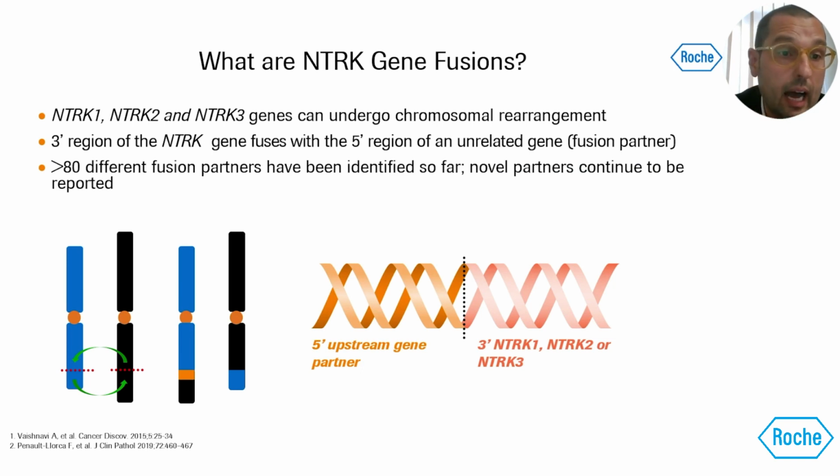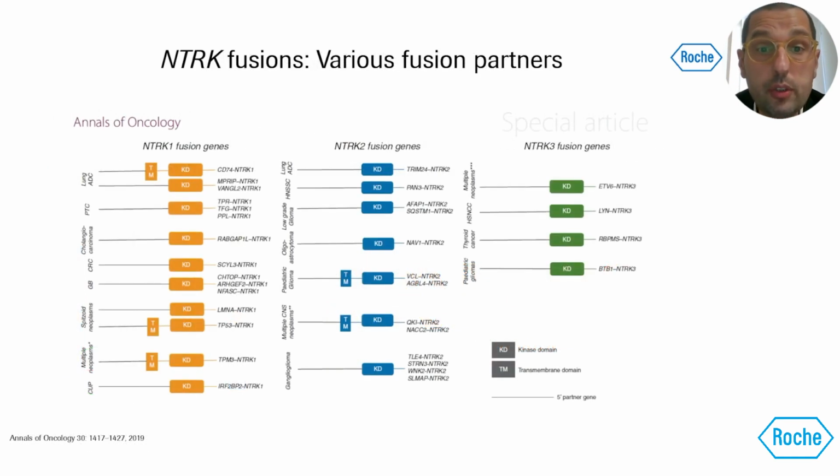However, novel partners are continuously being reported in the literature, as you will see in the coming slides. This is the overview of the most common fusion partners of NTRK1, NTRK2, and NTRK3 genes in solid tumors, published in one of the seminal papers on NTRK gene fusions in Annals of Oncology 2 years ago.